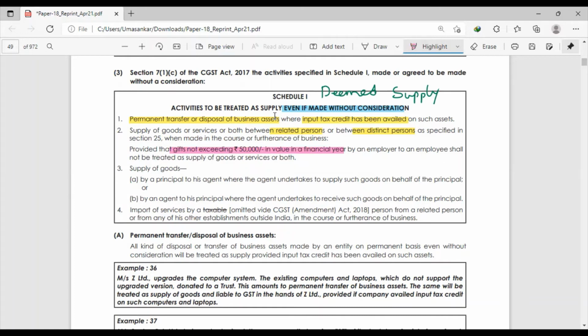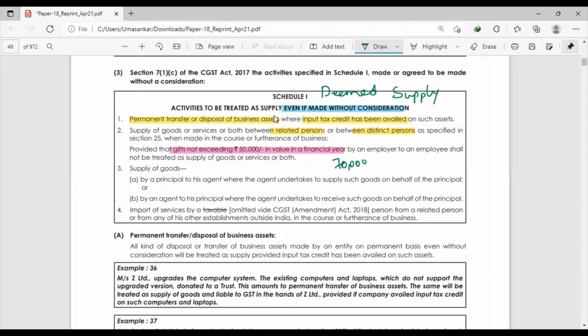For example, an employer gave a gift hamper of rupees 70,000. Okay, let's take an example of 70,000. Suppose 70,000 of gift towards an employee, then GST will be payable on the entire 70,000 and not on 20,000, that is 70 minus 50. Okay, the entire amount we need to pay.